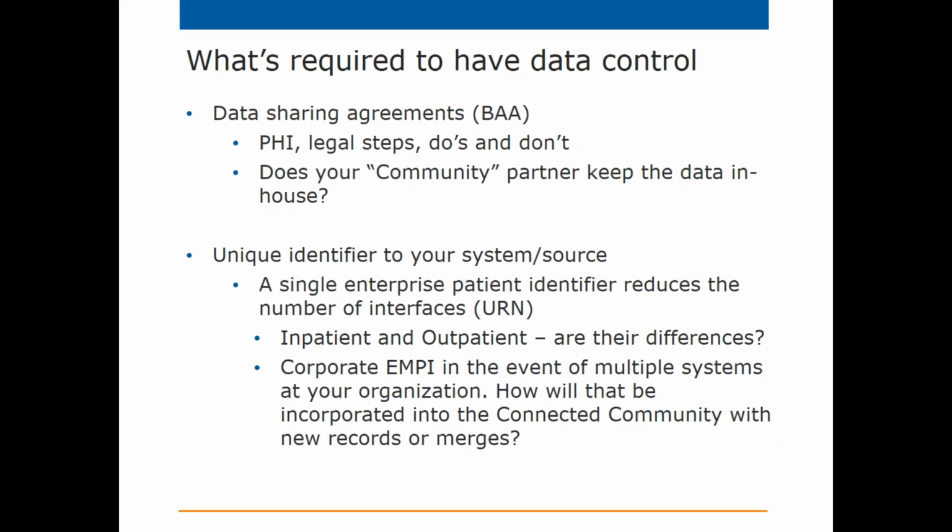If you had an EMPI across multiple sources or multiple EMRs within your organization, are they going to utilize your EMPI number? How is that EMPI number going to be updated when it gets sent out? Or how is that EMPI number going to get linked with others if you link it within your organization? So just some things you want to think about when you do send out data.